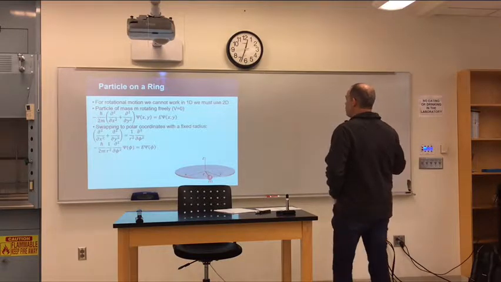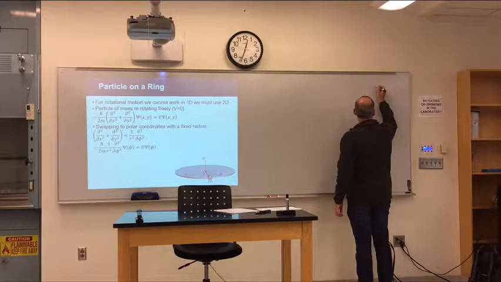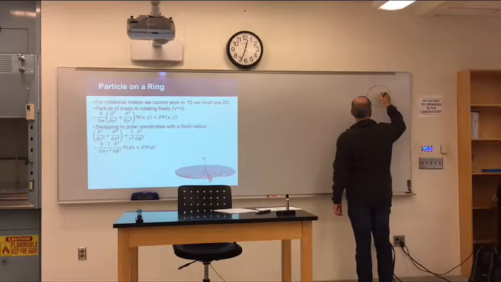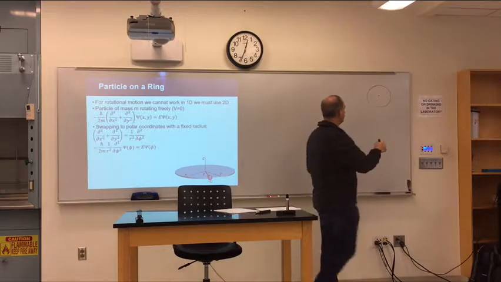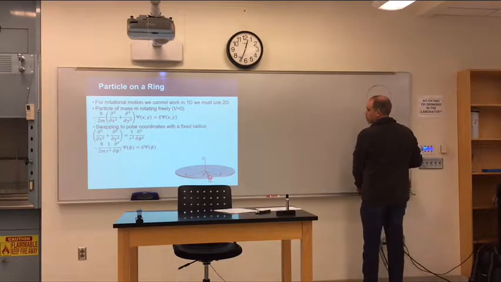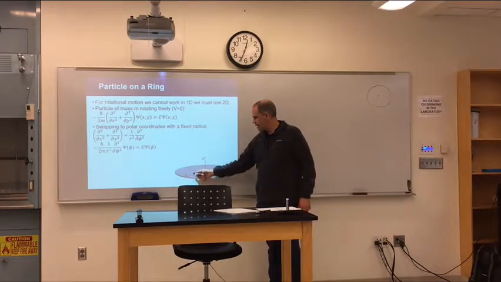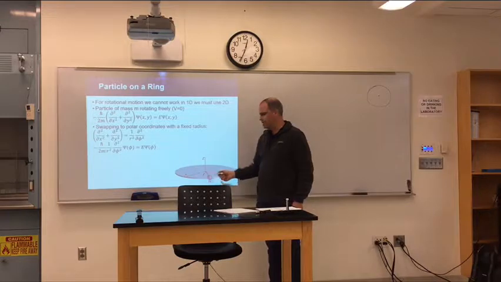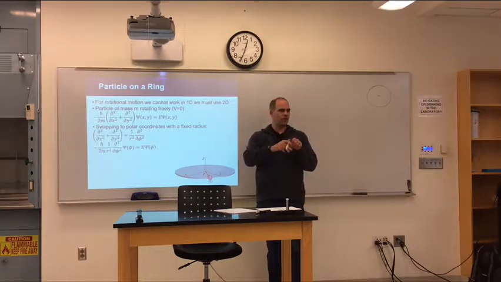So for this one, we're going to imagine that we have some sort of a ring of fixed distance. If we have a particle going around in a ring, we can think of that along the x, y, and z axes: the ring is going to be rotating around the x and y, so there's really no z component to its rotation.